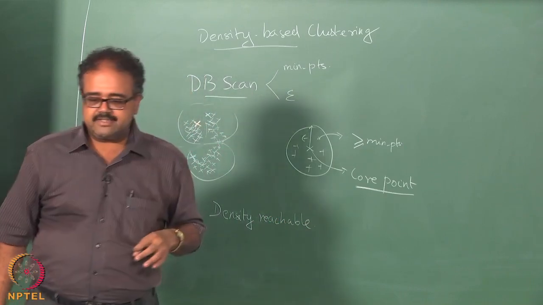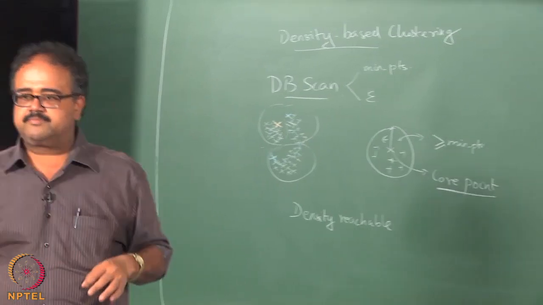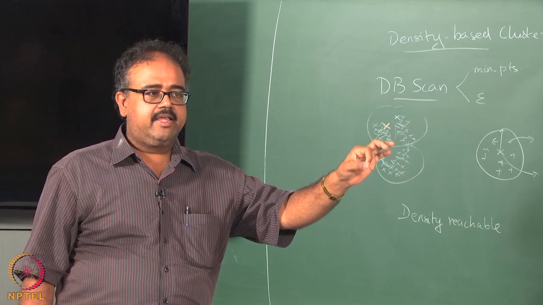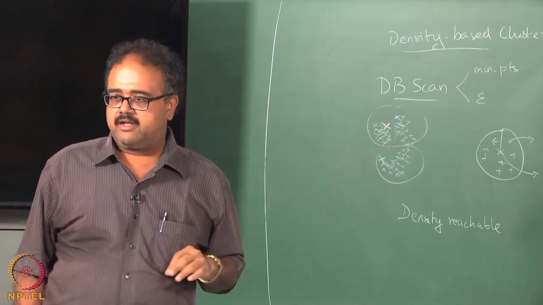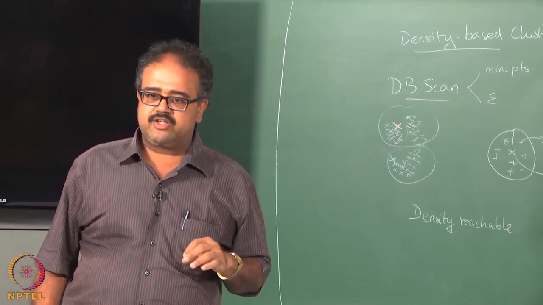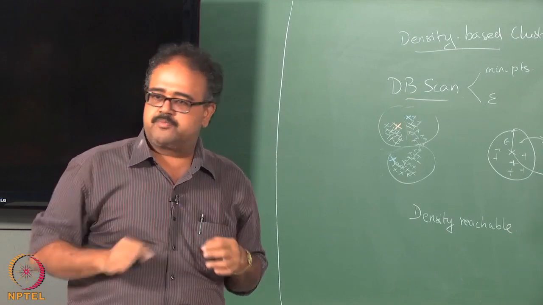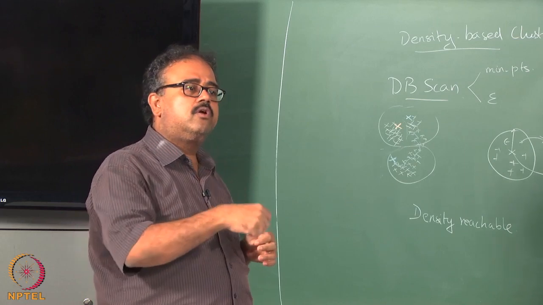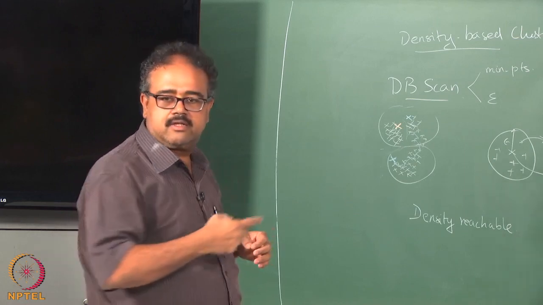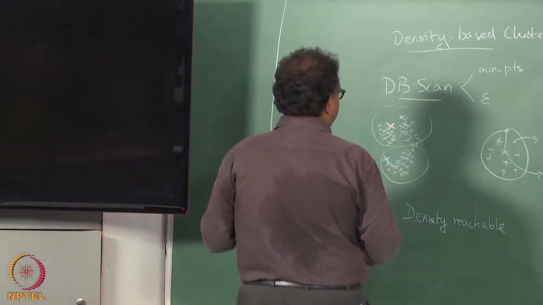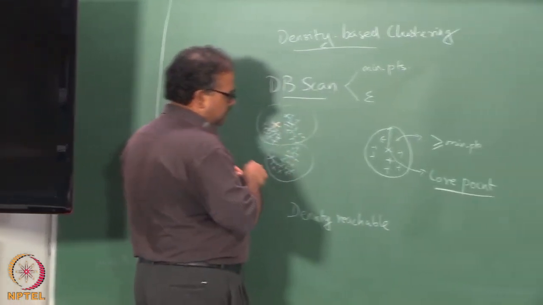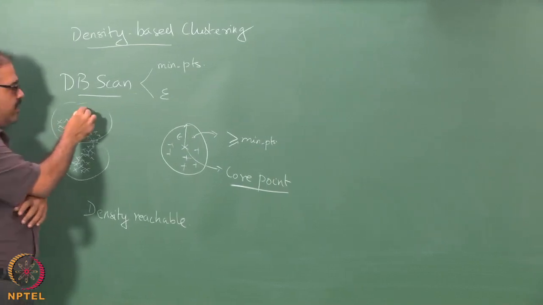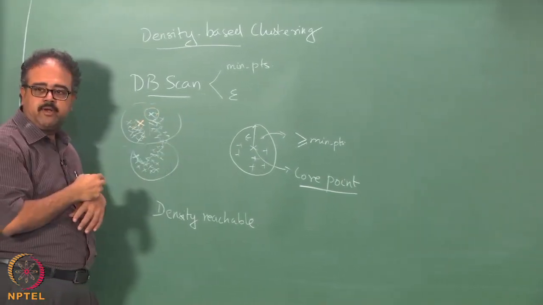A point is density reachable if there is a core point from which you can reach this point by traversing only through core points. So this might not be a core point because it is at the border. I draw a radius around it, I get only one point here.